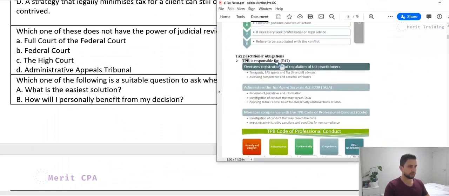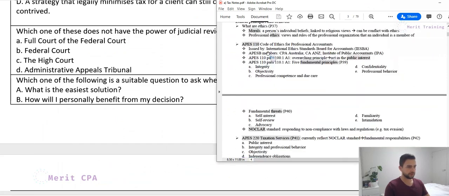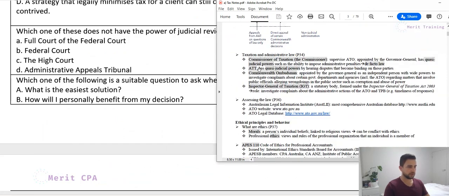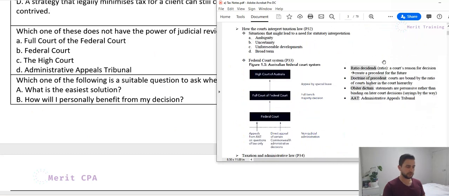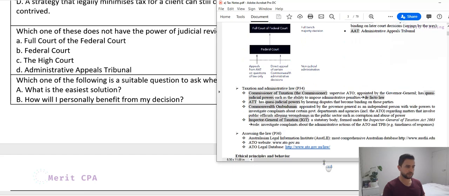So we would probably want to look for the AAT, which has quasi-judicial powers. So we know that it doesn't have judicial powers. It has quasi, like kind of, but not really. That's the first clue. High Court, let's see if it actually specifically says that they have judicial power.